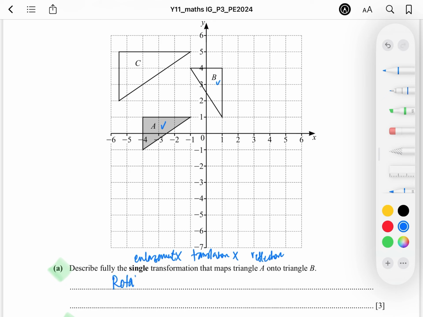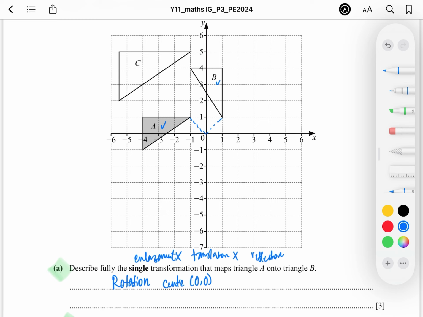So rotation, that's one mark. With rotation, you need to have the center. If you use your tracing paper, you would find that the center would be at 0, 0. It's not enough for you to write only center without the coordinate.